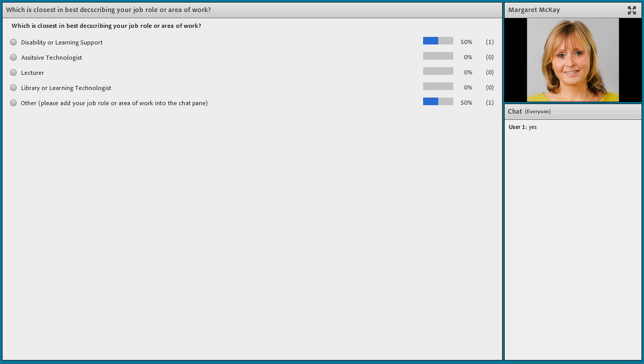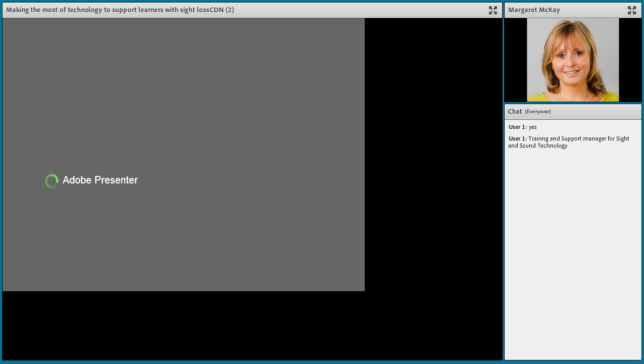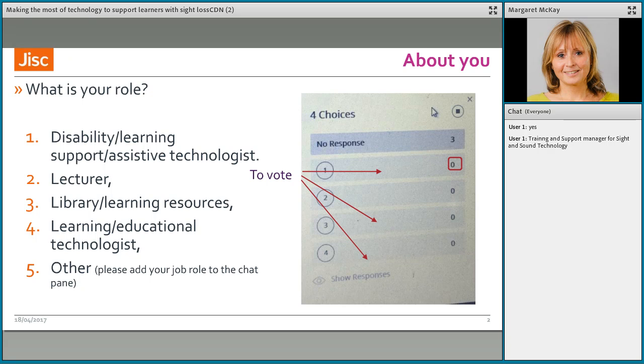Great, okay, so we have disability, learning support, and if your role is other, could you just add what that might be in the chat pane? That would be great. It's just helpful to get an idea, and also if you can just highlight your role, if you've had any experience working with students with vision loss, that would be great.